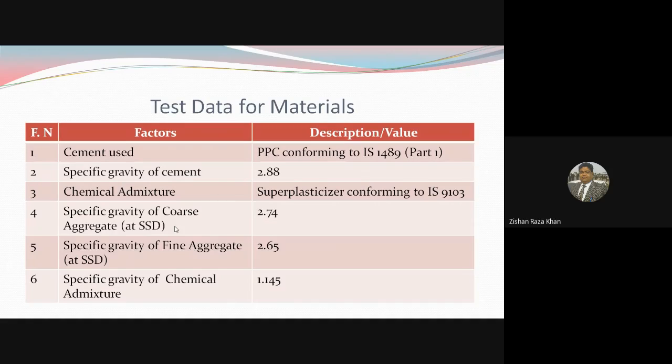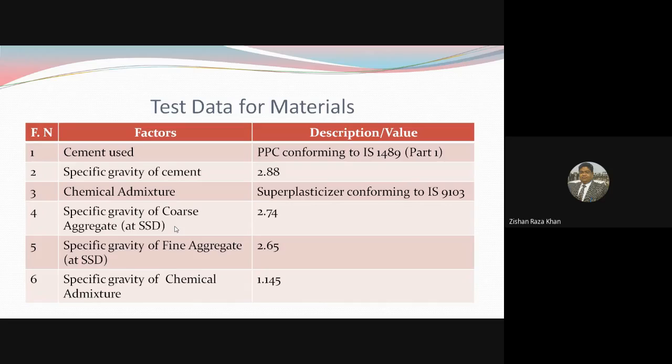Actually, all the mix designs are conducted assuming that the aggregate is in saturated surface dried condition. Basically, every aggregate has some porosity, and it intends to suck up some water from the concrete mix, which is otherwise available for the hydration of cement.